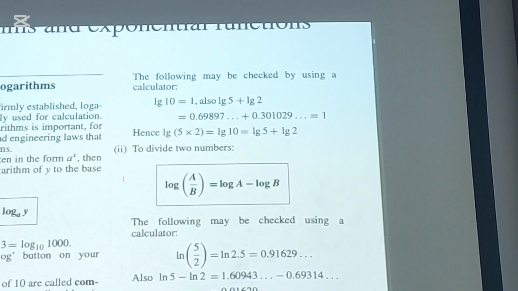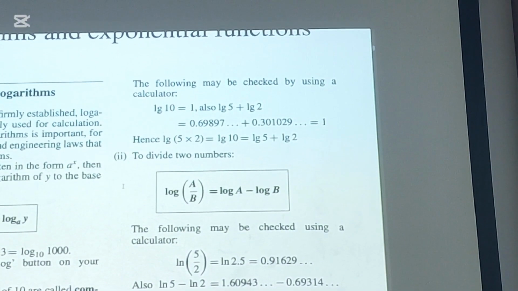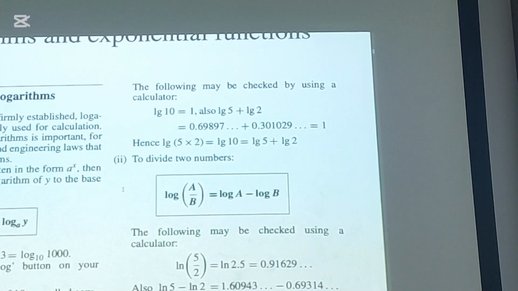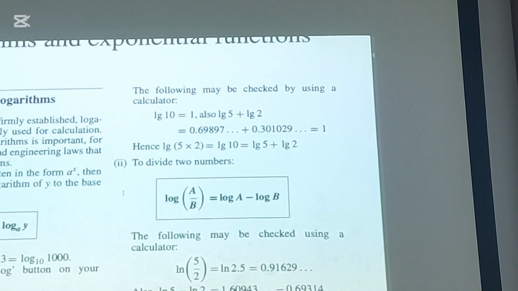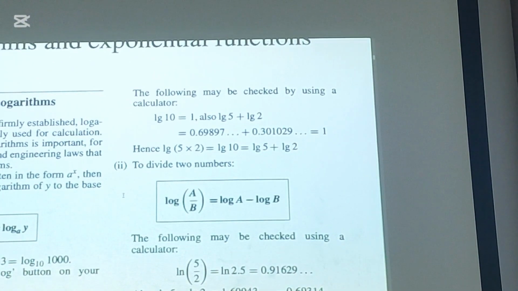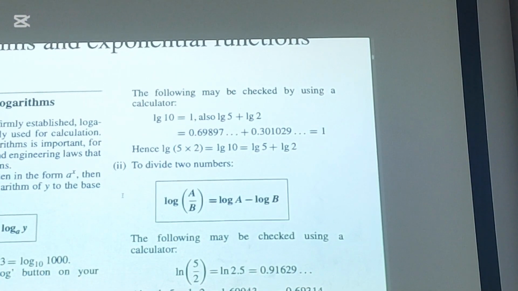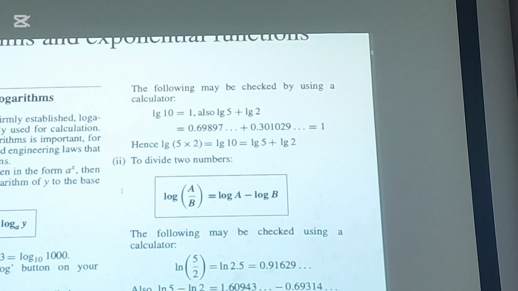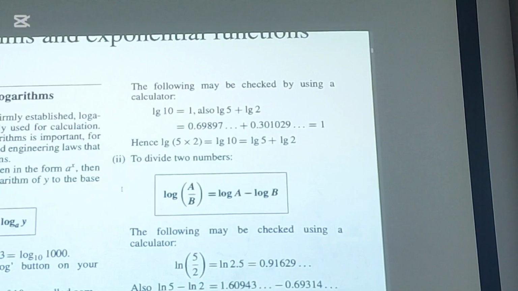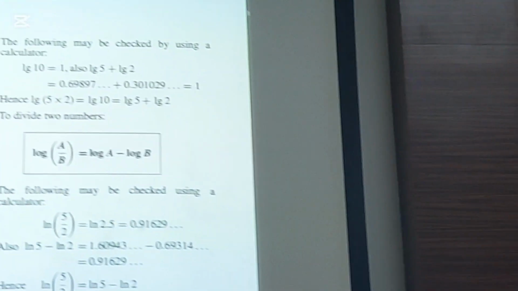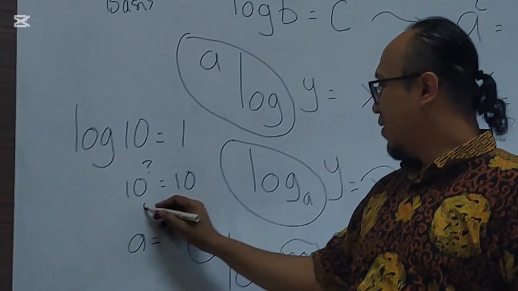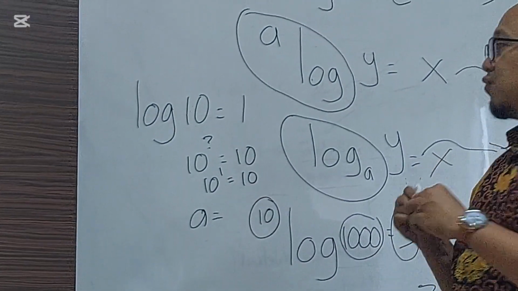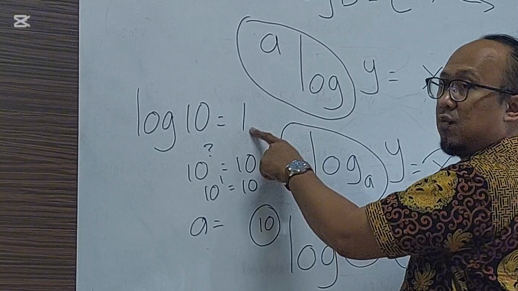Because the basis is 10, so log 10 is 1. Even if you didn't mention it, this is 10. Why equal to 1? Because 10 powered by, I don't know, equal to 10. Power by what number? 1. 10 powered by 1 will be equal to 10. That's why log 10 is equal to 1.